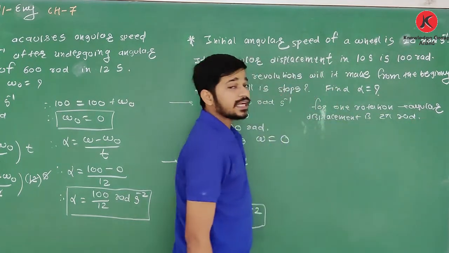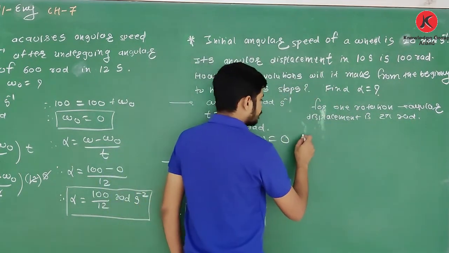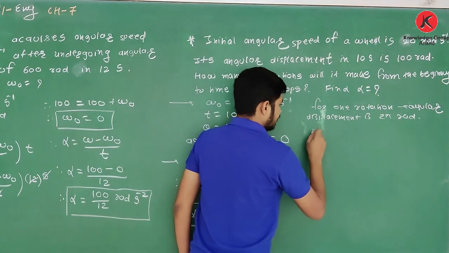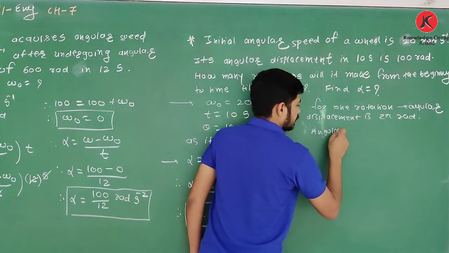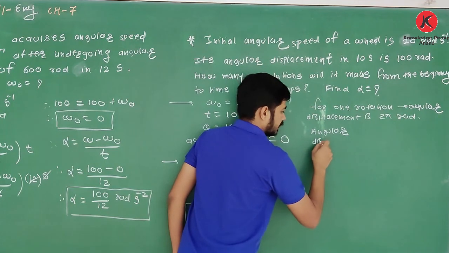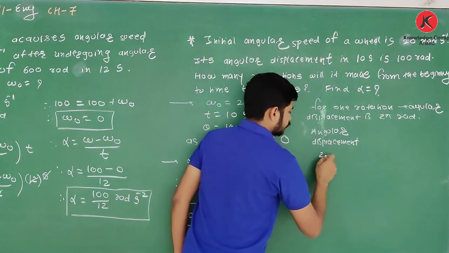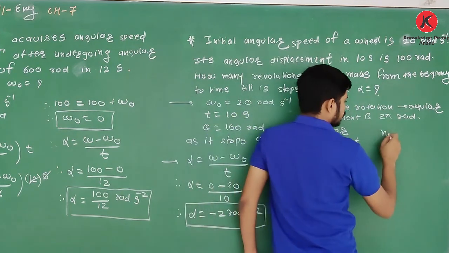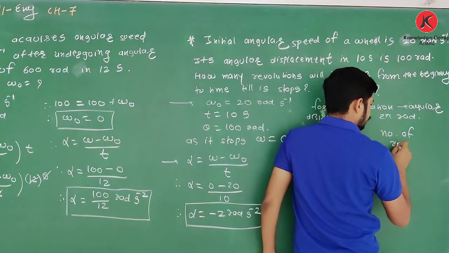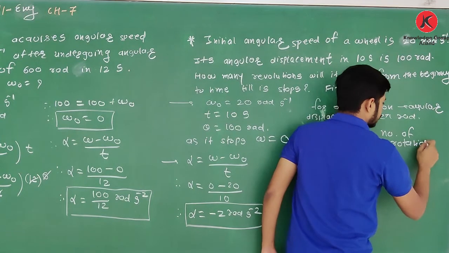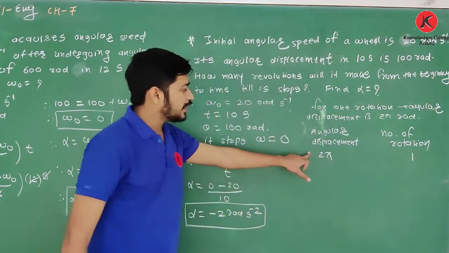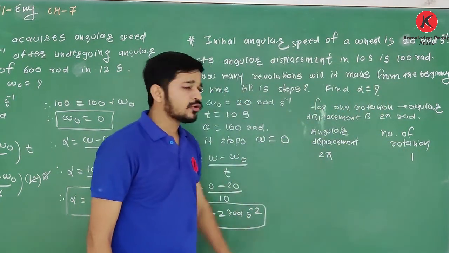So I can write the reverse statement: if angular displacement is 2 pi radian, then the number of rotations is 1.